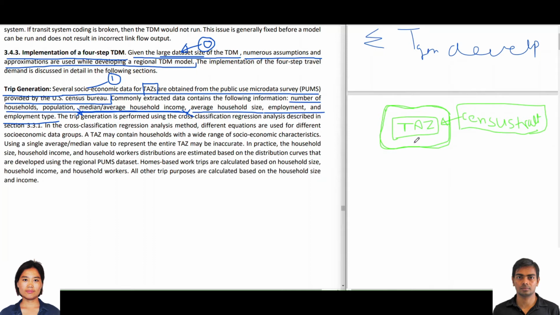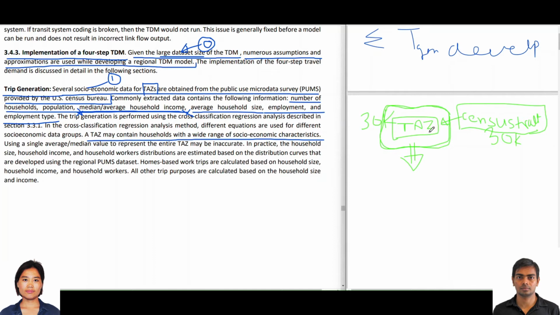The next step is to use the distribution curve, which is explained here. So a TAZ may contain households with a wide range of socioeconomic characteristics. So let's say we went to census tract and looked at a TAZ, and census tract said the average income is 30,000. So we assigned the 30,000 to TAZ.